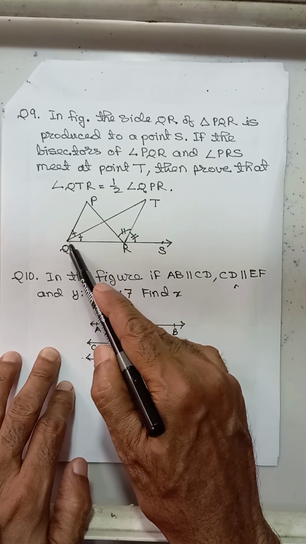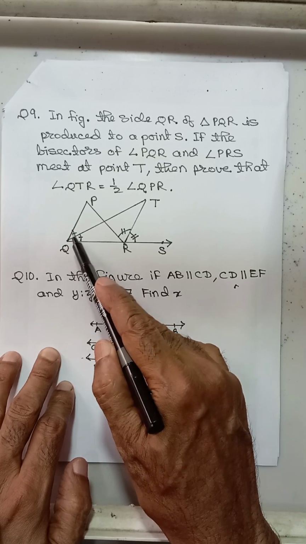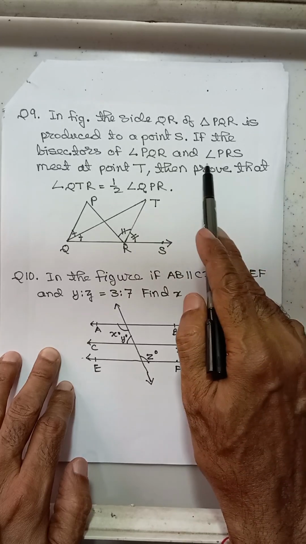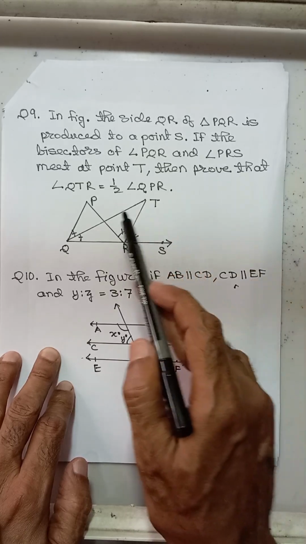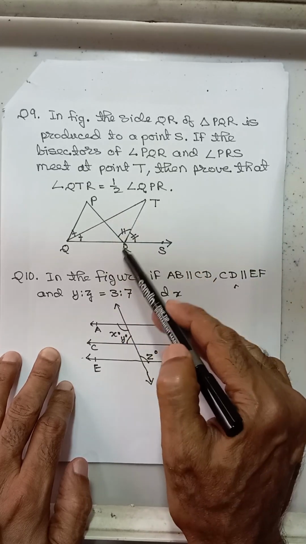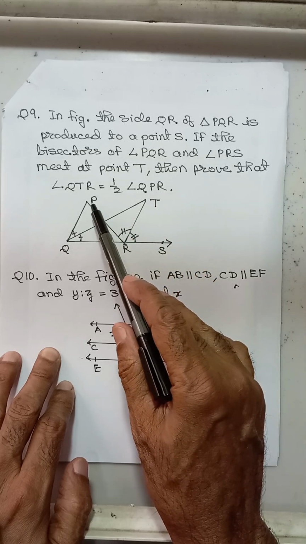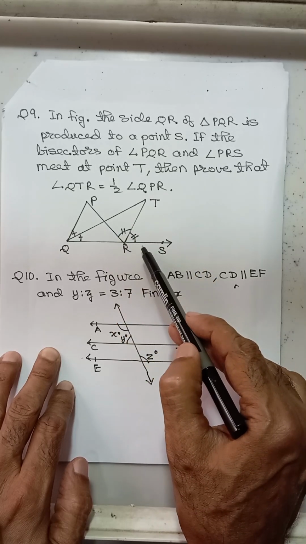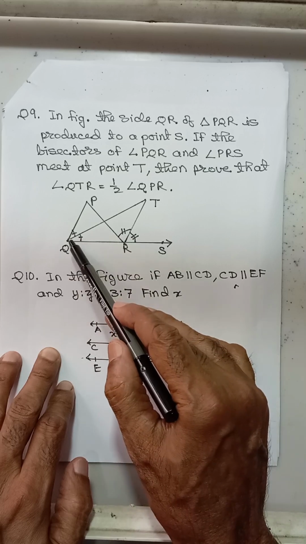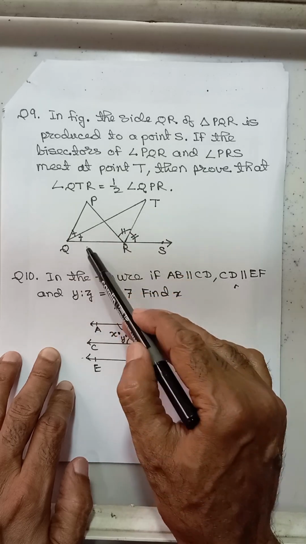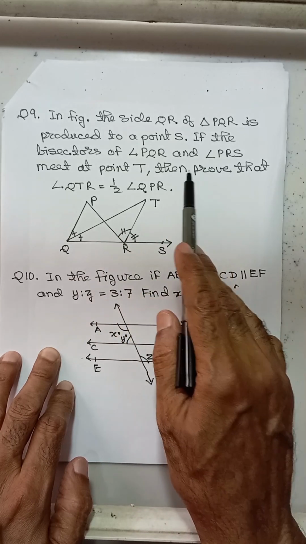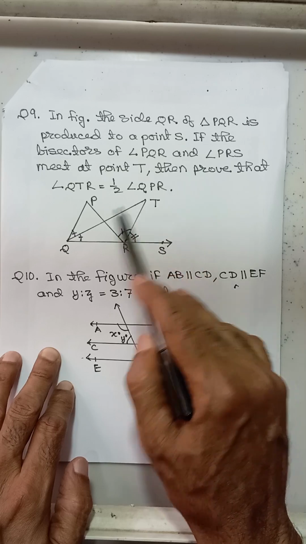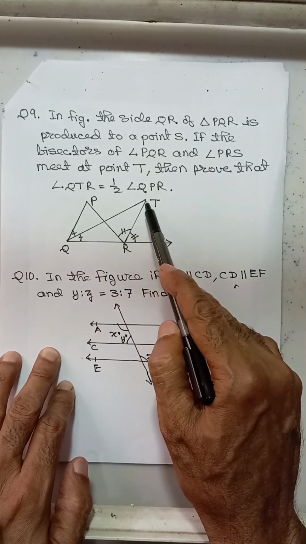Bisector means it divides the angle Q into two equal parts. And RT is the bisector of angle PRS, meaning it divides the whole angle into two equal parts. The bisectors are meeting at point T.